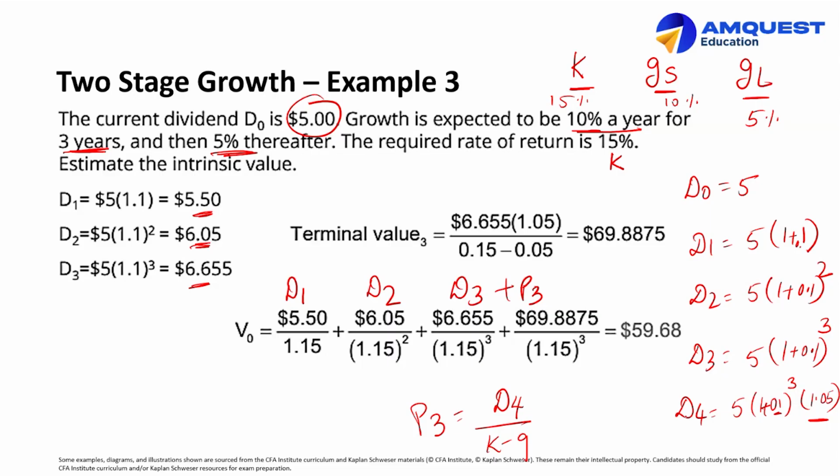P3 में D4 है मेरे पास, K क्वेश्चन में दिया है, G क्वेश्चन में दिया है। D3 is going to be 6.655, so 6.655 multiplied by the long term growth rate divided by K minus G. यहाँ पे याद रखना है G तुम्हारा long term growth rate. If you do this, you get the terminal value as P3, 69.8875. Then you have to just plug in the numbers and do the calculation.